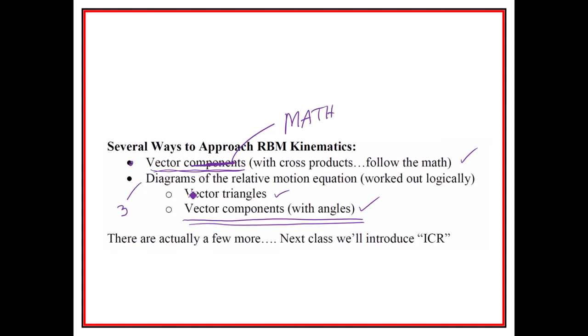The second one, I broke down into two parts, vector triangles or vector components, and that's the one I think we should go to. Alternatively, we will see in the next class something called the instantaneous center of rotation. That represents really a fourth way to calculate the velocities of a rigid body.